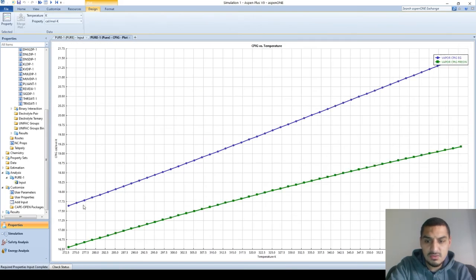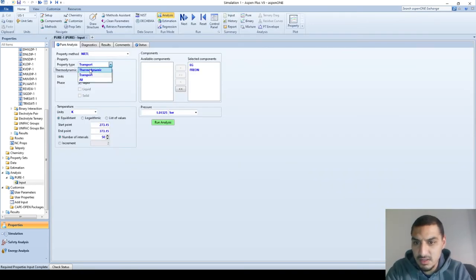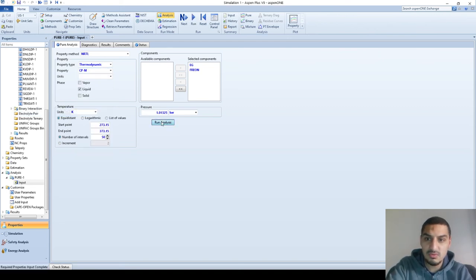So from this we can tell, or no, it's not the right thing actually, because it's a gas. I don't want it to be a gas, so maybe I can find it here. It is Cp of pure component. This is what I want to do.